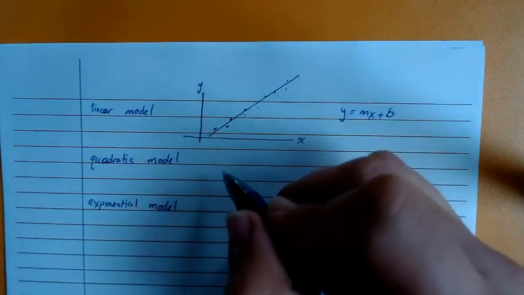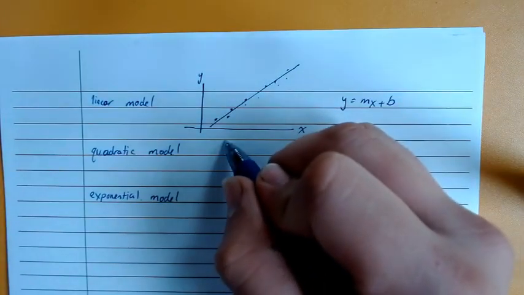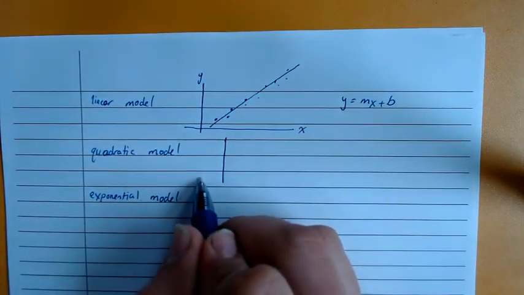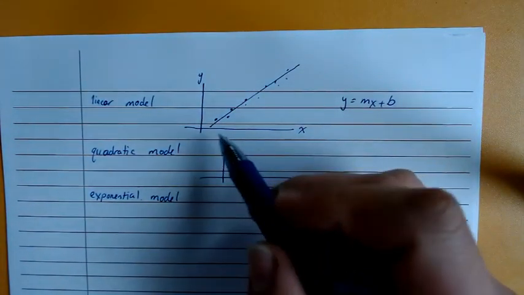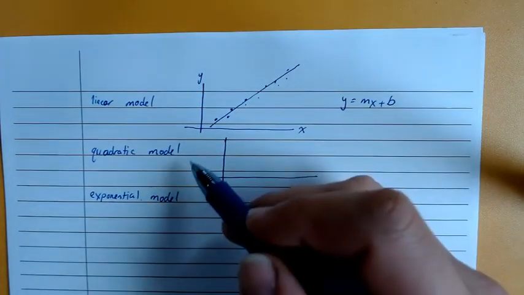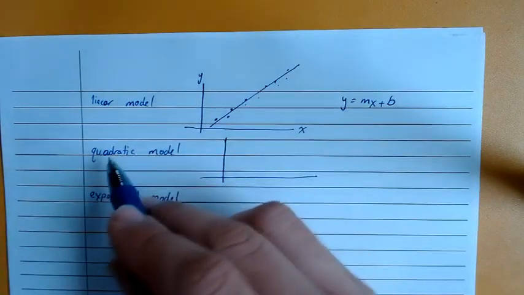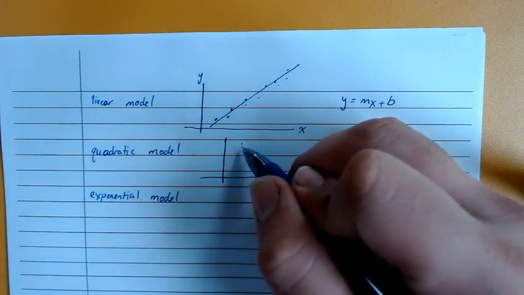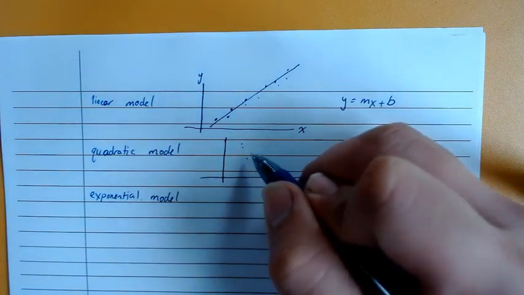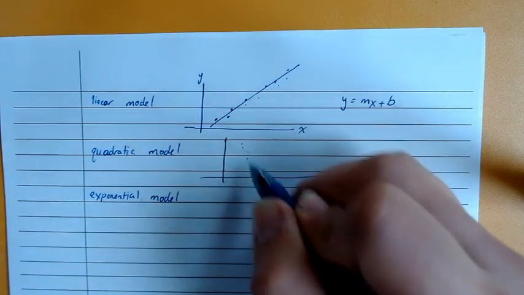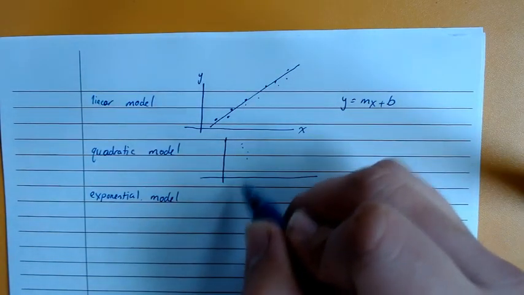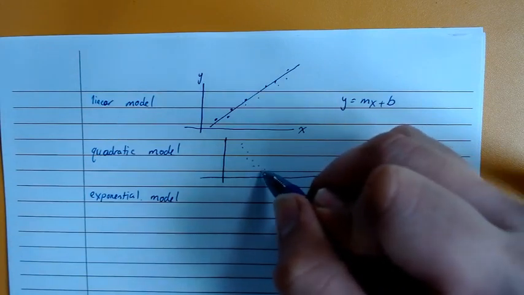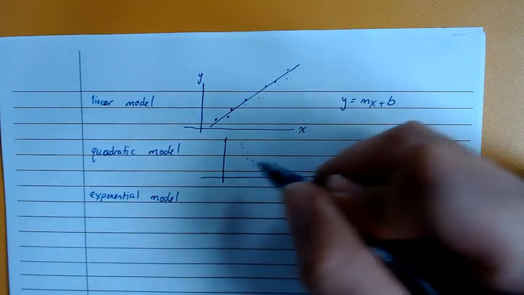A quadratic model is going to have a different pattern. If you plot points and they form a straight line, or approximately a straight line, you have a linear model. However, if your graph bends in a U-shape, something like this, where either it's U-shape facing up this way, or it could be upside down, it could be facing down in the opposite direction, you'll notice that these points do not follow the path of a straight line.